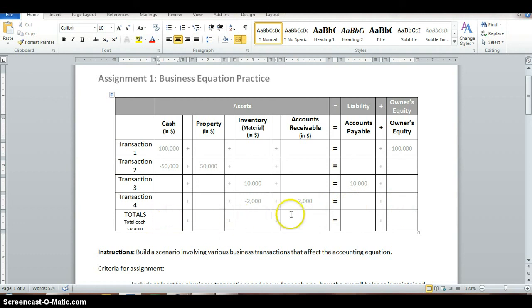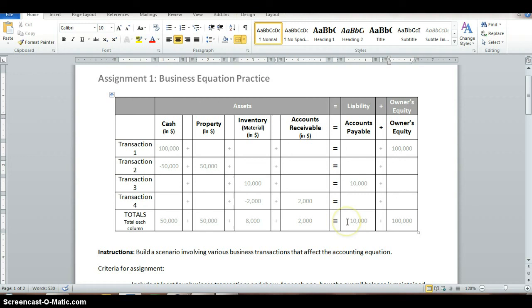Let's add all these totals up to make sure we are indeed balanced. We have 50,000 here, 50,000 here, 10,000 minus 2,000 gives me 8,000 here, and 2,000 here. And on this side I have 10,000 here. When I say total, you always want to total each column. Then I have 100,000 over here.